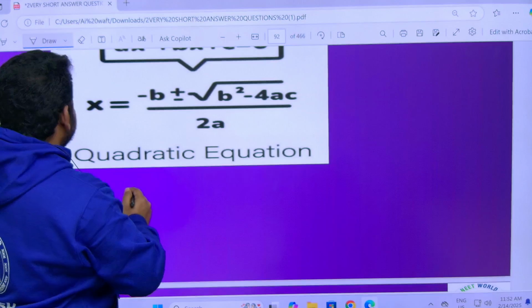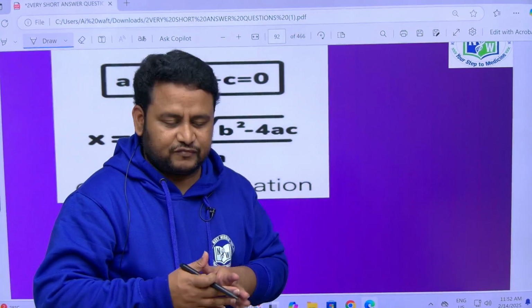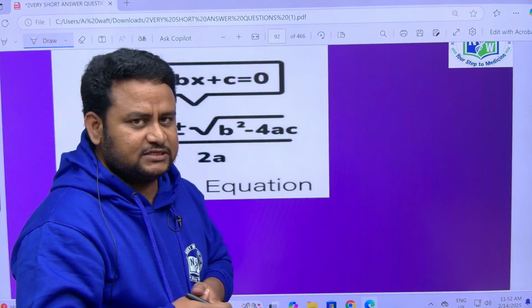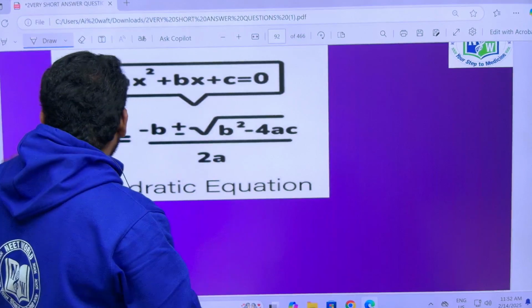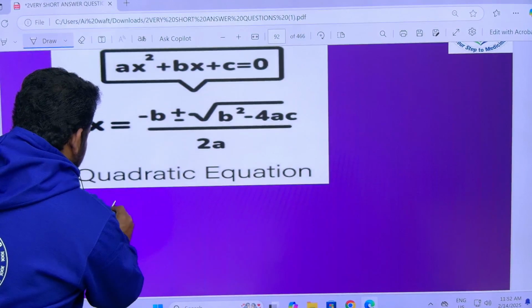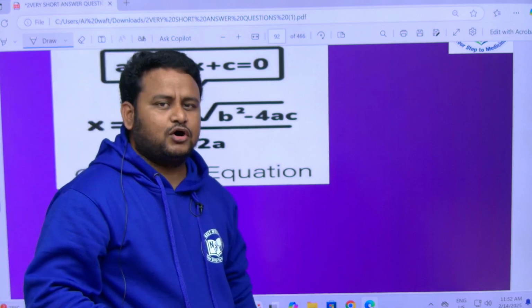Next, when the equation is of the form ax square plus bx plus c, now let us learn about the nature of the roots. This is very important, the nature of the roots. But before going to that, there is something called discriminant, which I told you when I was telling about the genesis of the complex numbers.